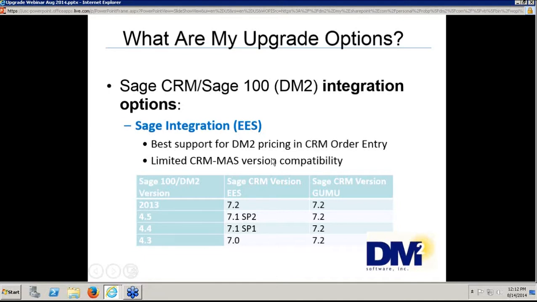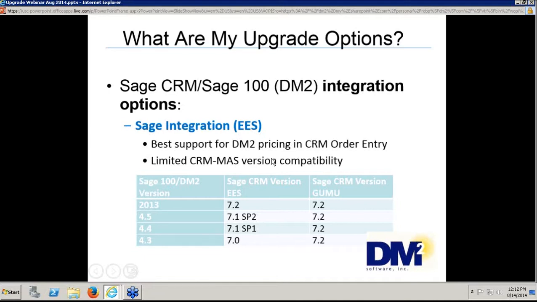Okay, if you could skip to the next one. Okay, so some of the other differences with Greatrix. A big advantage that Greatrix has is that if you have multiple MAS company databases, then you can integrate them all into a single CRM database with Greatrix. That's a pretty big advantage.